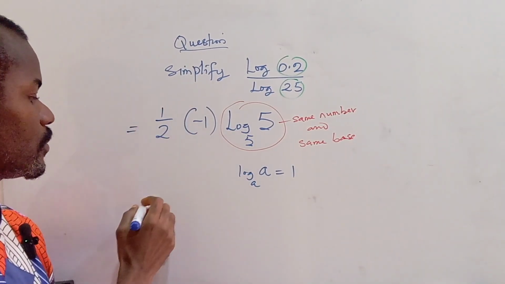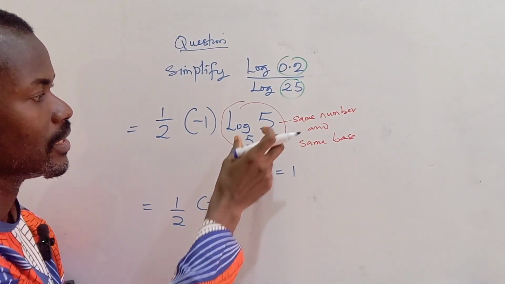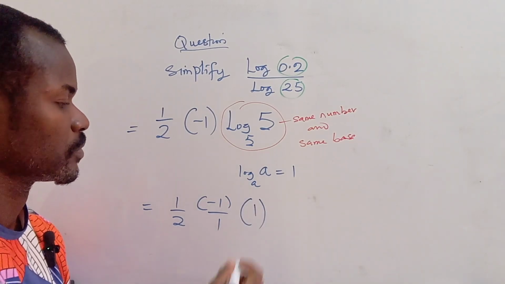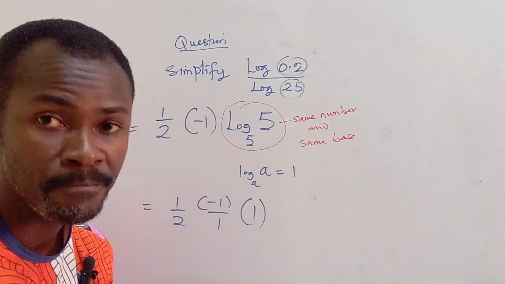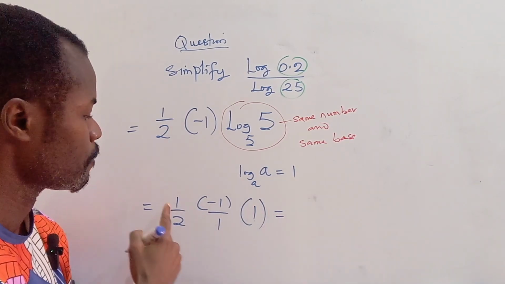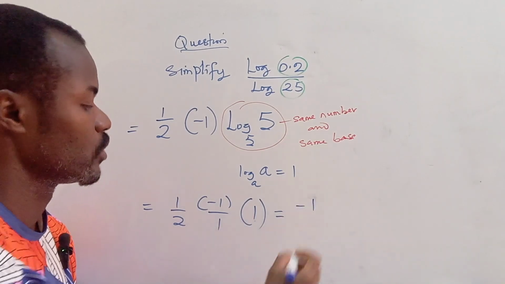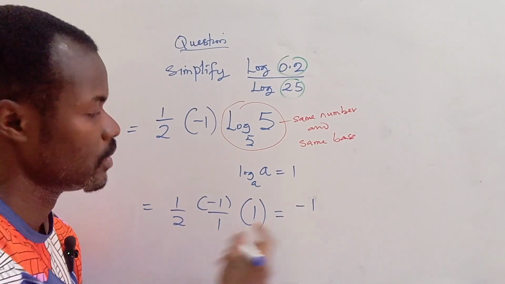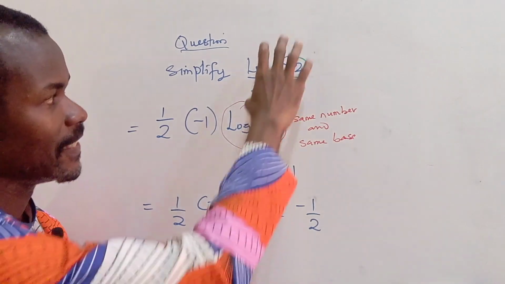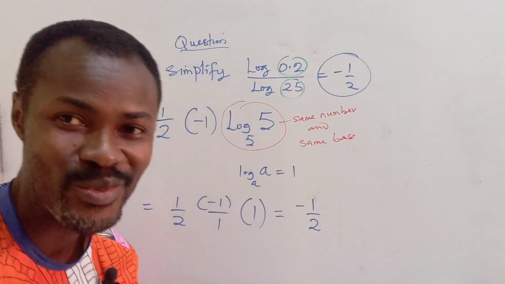This expression becomes one half times minus 1 over 1, so all this becomes 1. If we multiply all these, 1 times minus 1 times 1 gives us minus 1, and 2 times 1 gives us 2. So this gives us minus 1 over 2 as the solution for this problem.